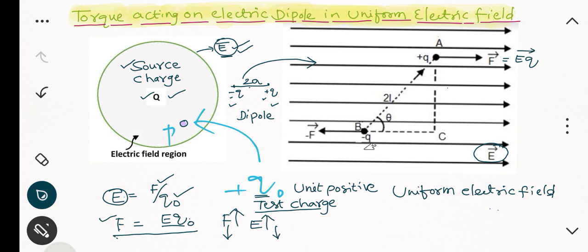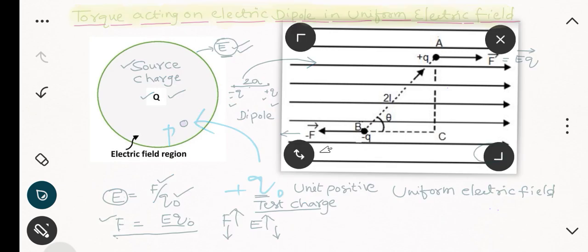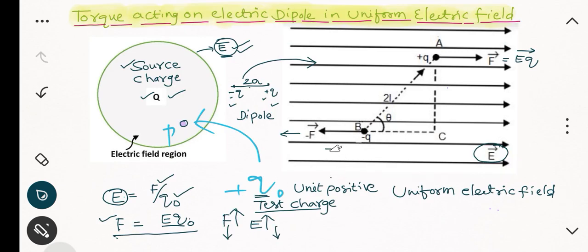On the negative charge, the force acts in a direction opposite to the electric field, whose magnitude is given by electric field intensity into magnitude of charge q. Here the direction is opposite to the direction of force acting on plus q. Let us say this is F1 and this is F2.